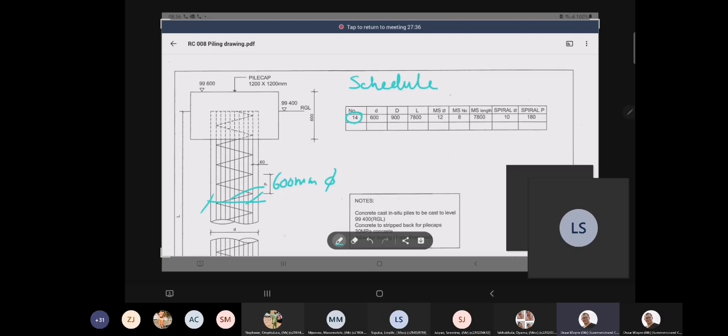It also gives me, what is this? That also says diameter. You know what that is?